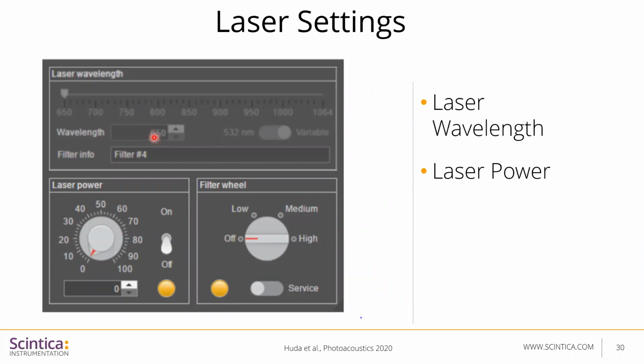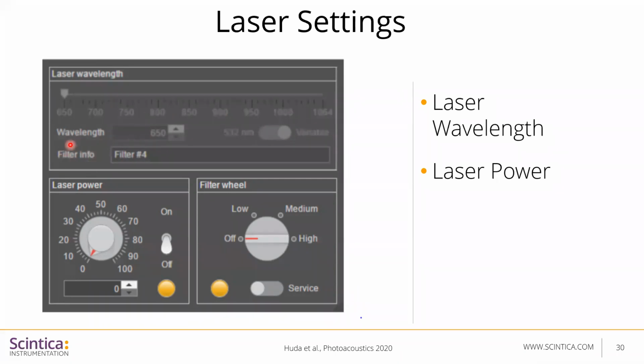The users can choose the output wavelength by either typing the wavelength in the wavelength text box, or they can use the switch. The switch allows the user to select 532 nanometers by default, but in case they want to use a variable wavelength, they can turn off the switch and switch on the wavelength.